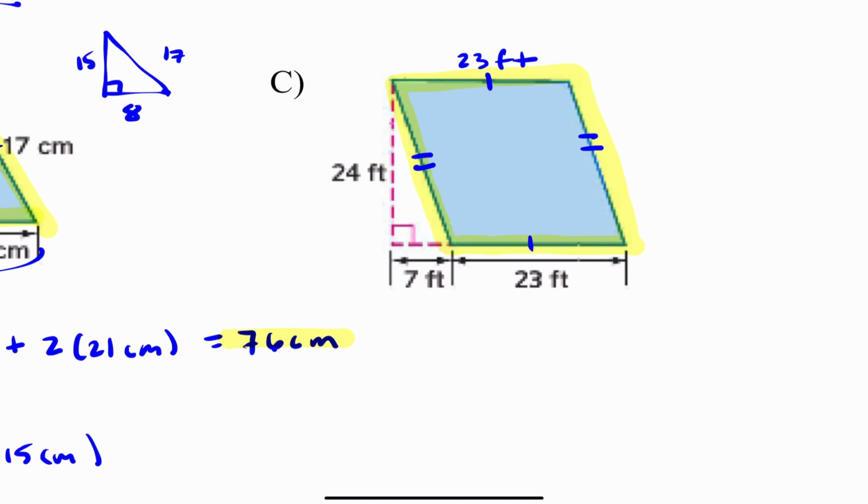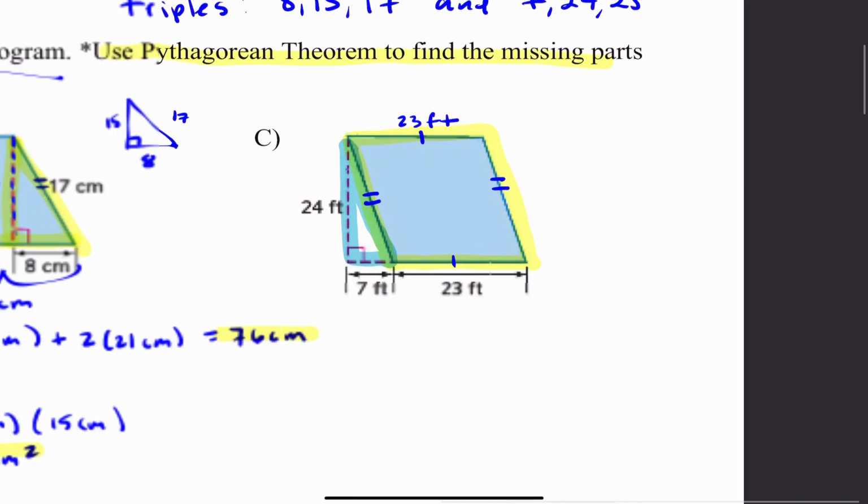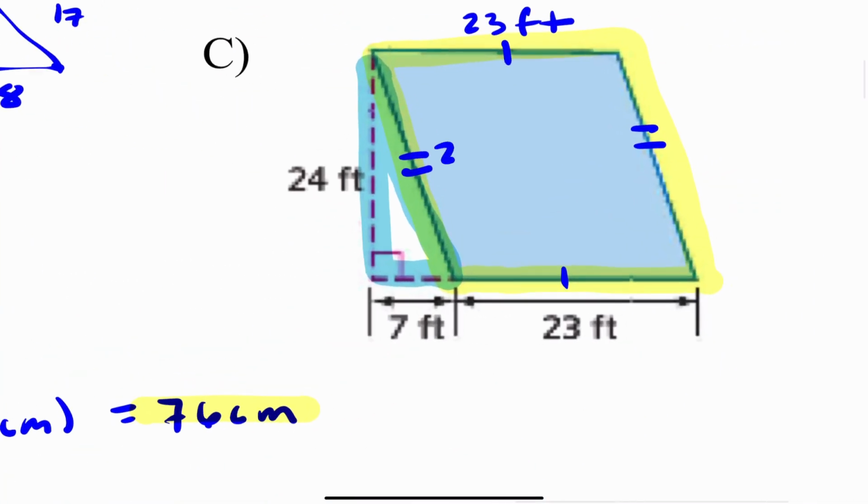I'm only given this right triangle over here, and we have 7 and 24. It's a right triangle, so that means this side length here has to be 25. 25 feet here and 25 feet there.